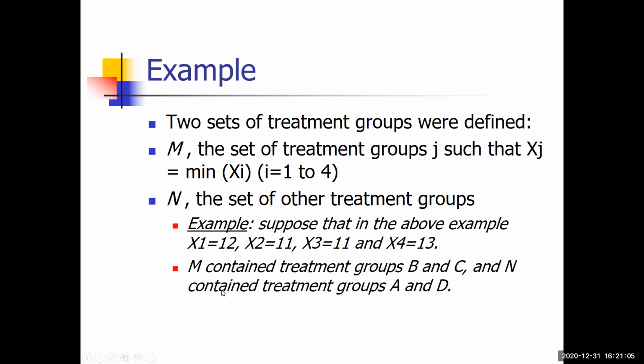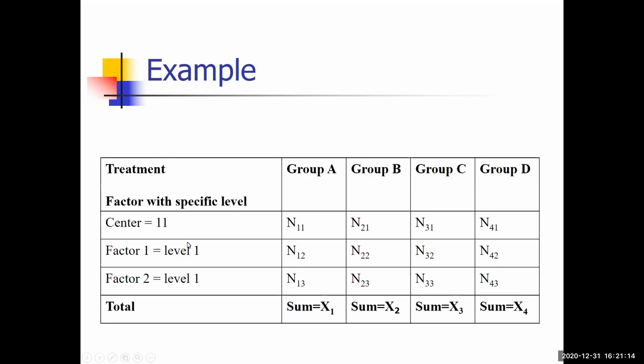Then M contains treatment groups B and C, and N contains treatment groups A and D. So the way to perform randomization is to look at how many patients have already been randomized from center 11, how many male patients have been randomized, and how many young patients have been randomized. You add these numbers up, you get X1, X2, X3, X4, and among the 4 numbers, you have a minimum number.